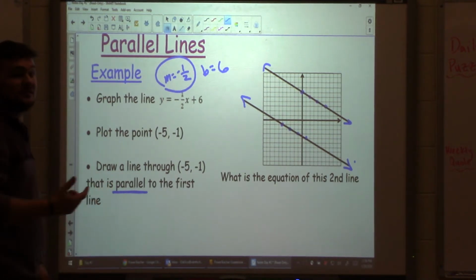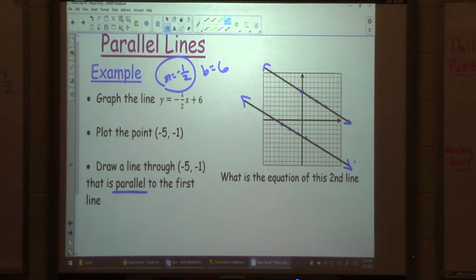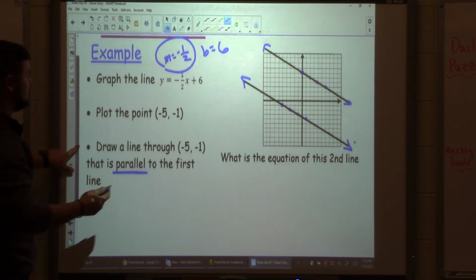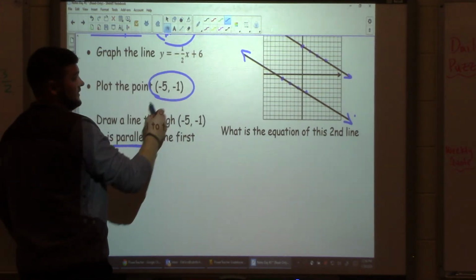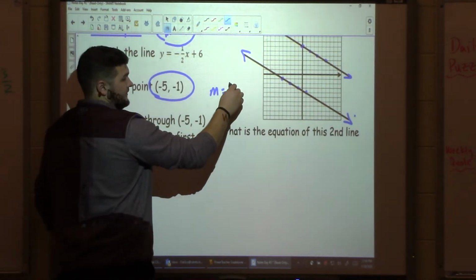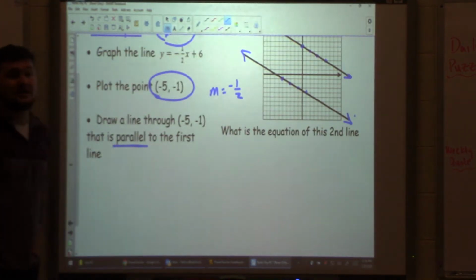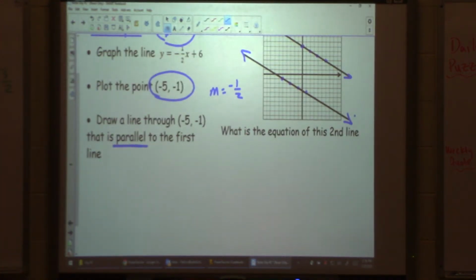Maybe. But do we know it? No. Is there another way we could go about writing an equation? Maybe not slope-intercept form, but the point-slope form. Let's try that. We know a point on our line, and we know our slope is negative 1/2. So we have everything we need to plug into the point-slope form.